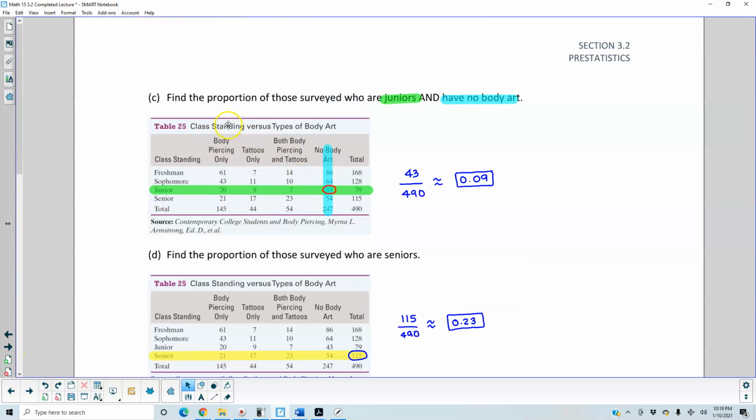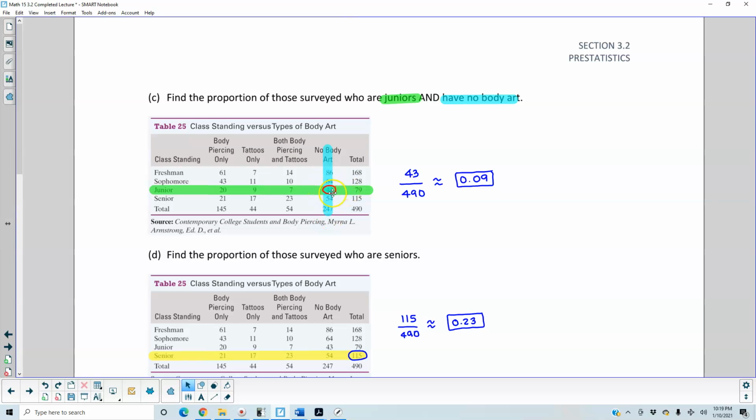Okay, next, it says find the proportion of those surveyed who are juniors and have no body art. Now remember, and means intersection, so you're not going to include all of them. So if we take a look at juniors, there's our juniors, and then have no body art, and now where do they intersect?